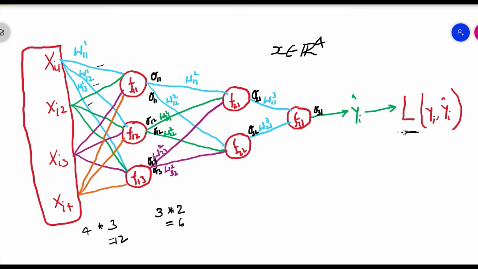If you see the connection from hidden layer 3 to the output layer, you have only 2 connections over here. So 2 activation functions are giving input to just 1 activation function. So how many weights do you need to determine over here? Just 2. So in total, your multi-layered perceptron can be said to be trained if you determine the values of all the weights on the connecting edges. So in total, you need to determine 20 weights.